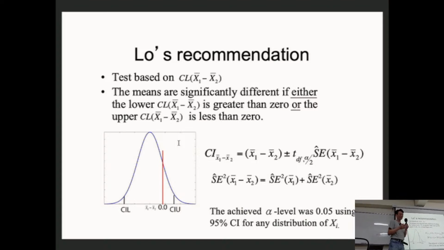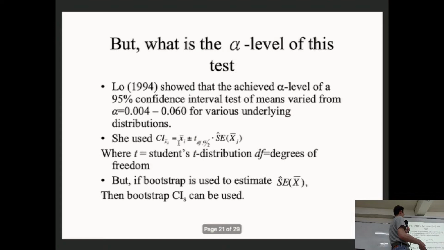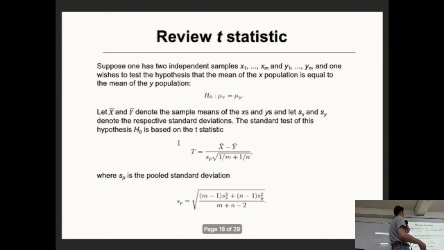So the question now is how can you calculate the confidence interval of difference in mean, right? You can do it this way, and then you get the standard error of difference in mean. This can be approximated by this approach. Certainly, if you learn the t-test, it depends on whether you have a pooled sample and so on.